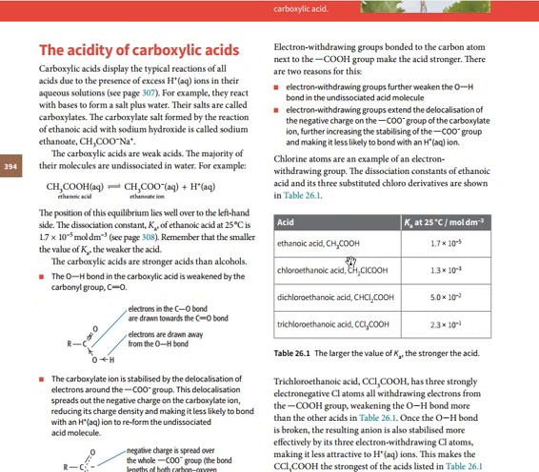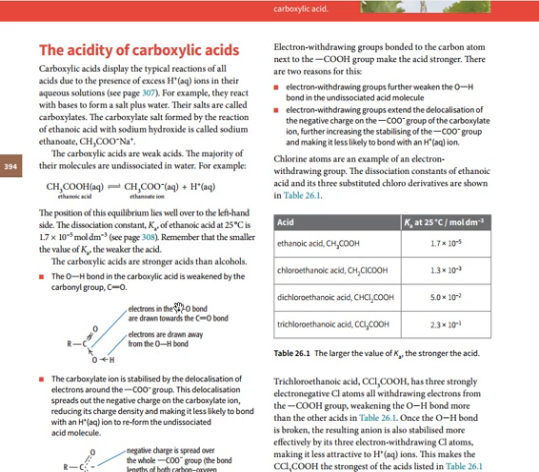Example: compare the acidity of ethanoic acid, chloroethanoic acid, dichloroethanoic acid, and trichloroethanoic acid. What do you realize? Looking at each of these formulae, one chlorine atom is added to this CH2 group.